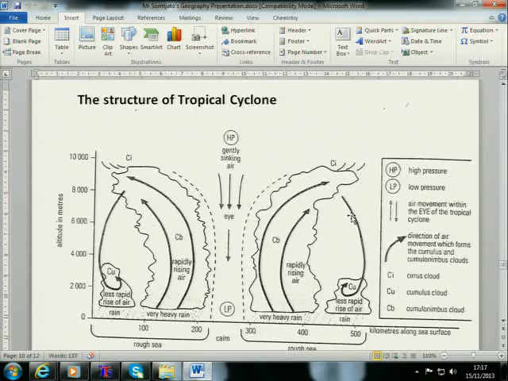This is the structure, the cross-section of the tropical cyclone. Look at the center of this. We are having an eye. Like we said, the eye is the center of the tropical cyclone.